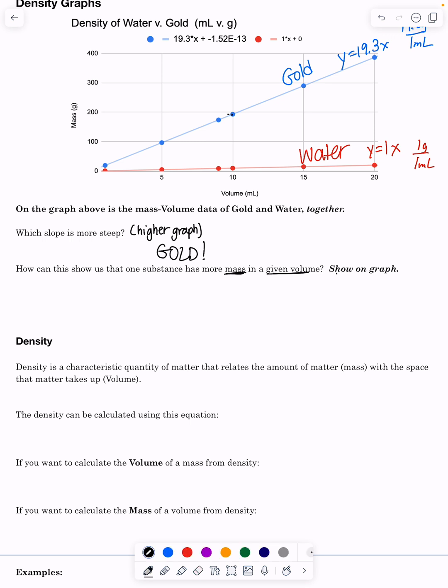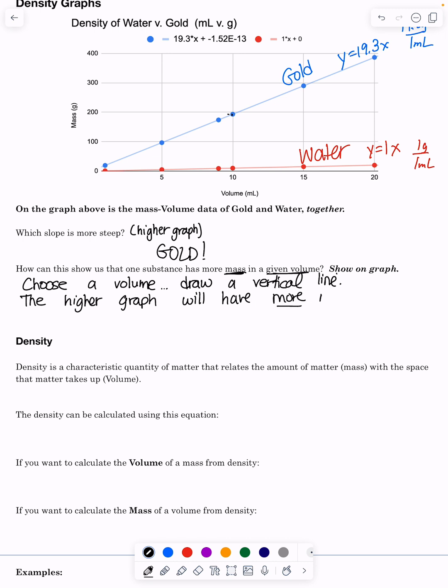Choose a volume, doesn't matter which one, draw a vertical line. The higher graph will have more mass in a given volume.